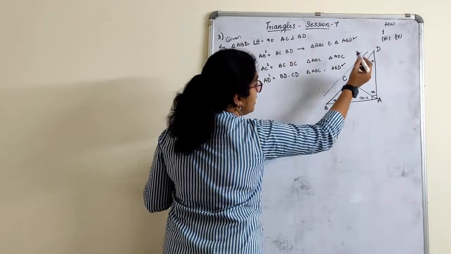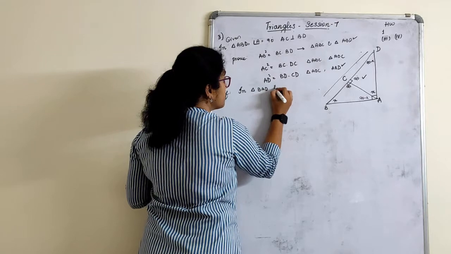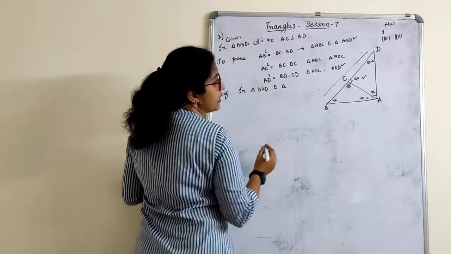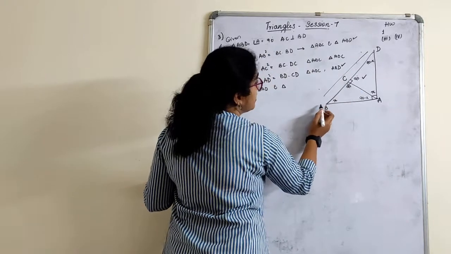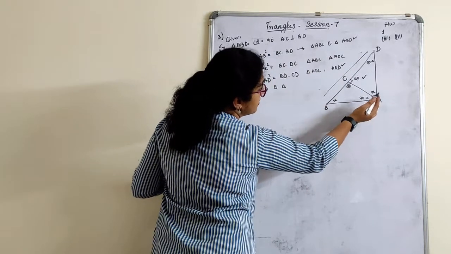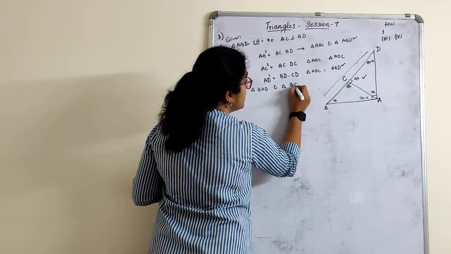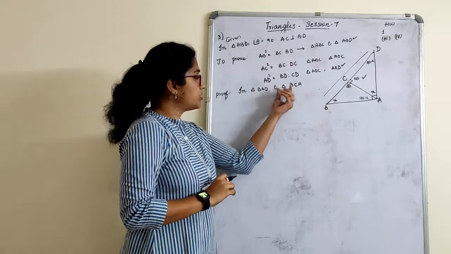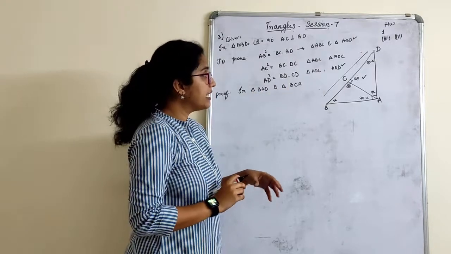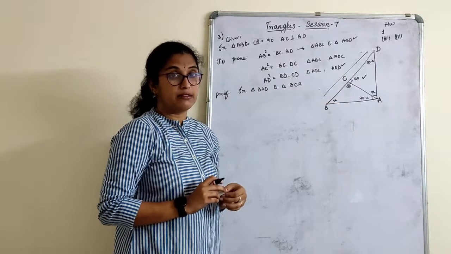So in triangle BAD and triangle, which one do we want? ABC. So in triangle BAD and triangle BCA. Children, when you choose the triangles, you have to see that the vertices you choose of one triangle should match with another triangle.